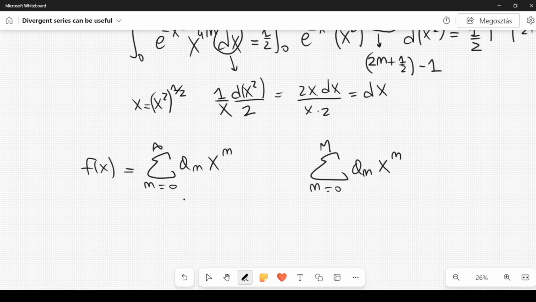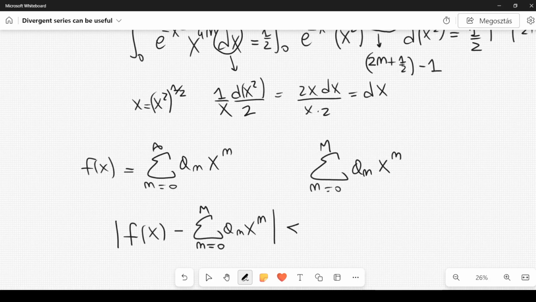So we say that this series here is asymptotic to this function if we consider the absolute value of f of x minus the summation over n from 0 to m of a sub n x to the power n.